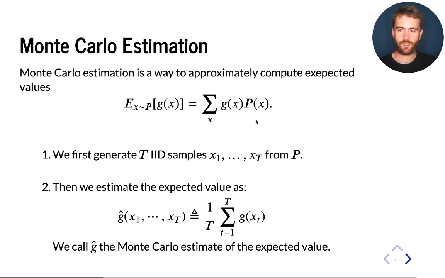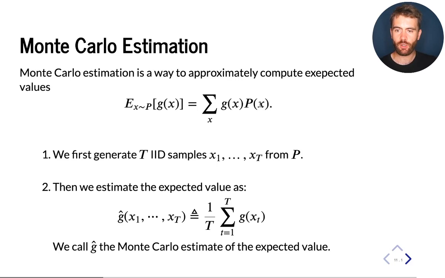Just to give you a little bit of intuition for why this makes sense, let's assume that x takes 3 possible values and they have different probabilities. One of them is very likely, the other one is less likely, and the last one is very unlikely. Because we're sampling these x's from the distribution P, each possible value that x can take will occur a number of times that's proportional to its probability P of x.